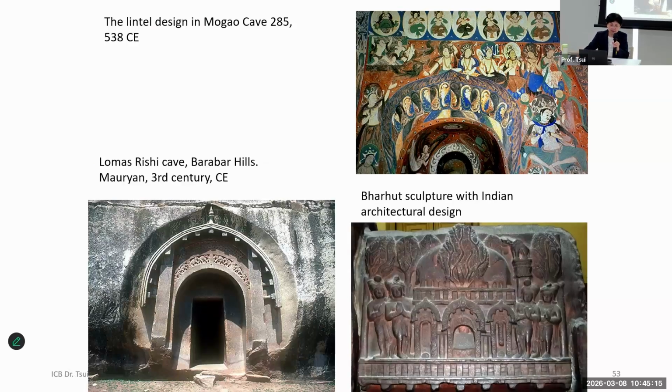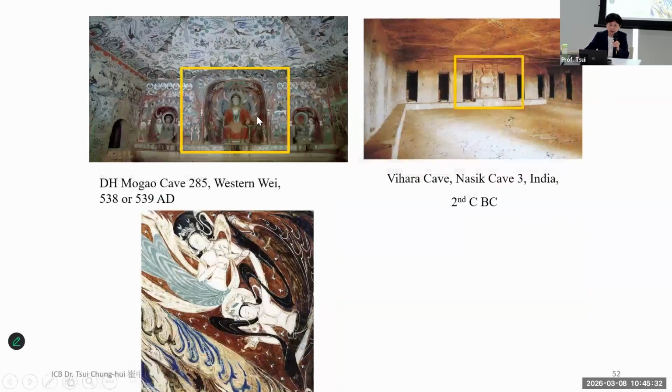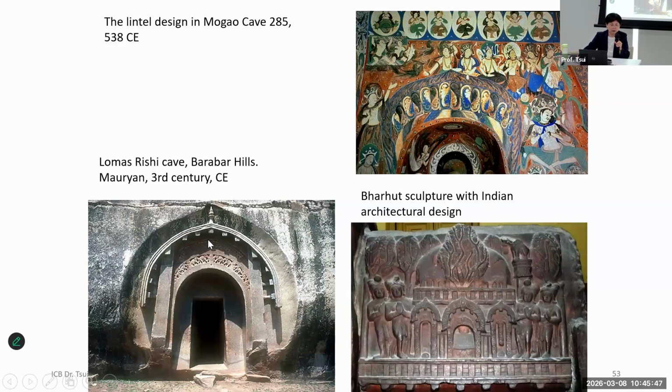If we compare some small elements of the architecture, we can also find the connection between Cave 285 and India. In Cave 285, you can see at the entrance of the small cell, the pattern of the lintel design is very similar to the Buddhist caves from India.